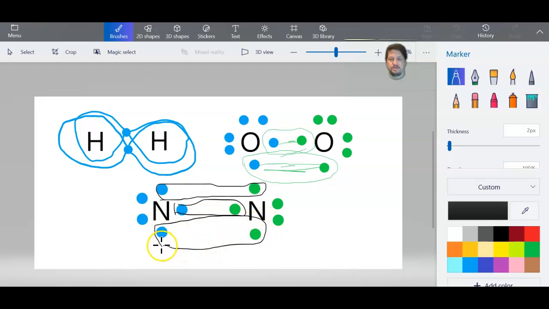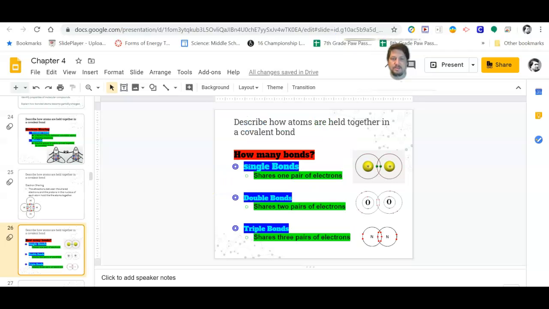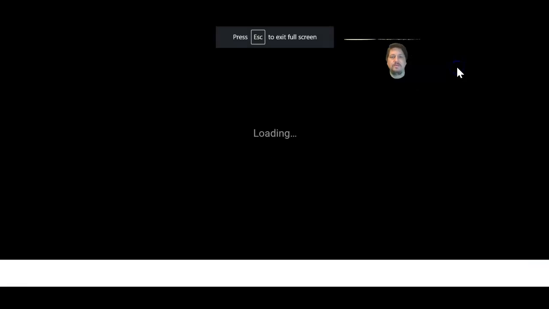Now each side has 2 electrons. Both tops have 2 electrons. Both bottoms have 2 electrons. So they're all matched up. Since it's sharing 3 electrons, 3 pairs, it's a triple bond.